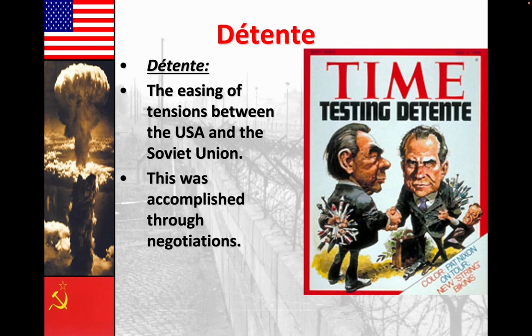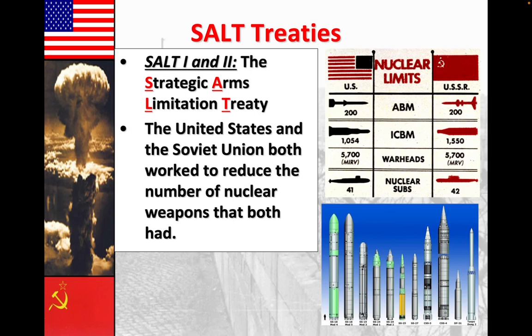Leaders met, writing not only the SALT I and the SALT II treaties to limit the amount of nuclear weapons, but also to agree to peacefully coexist. This was done to prevent the war and the bloodshed that had gone on.